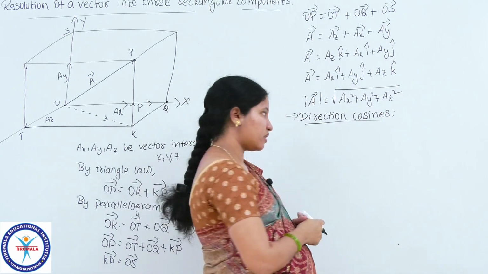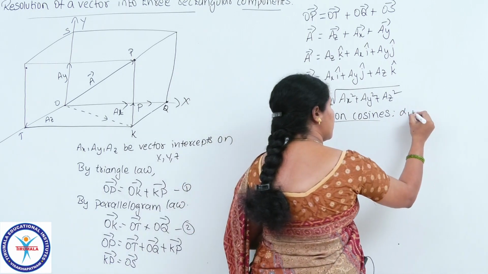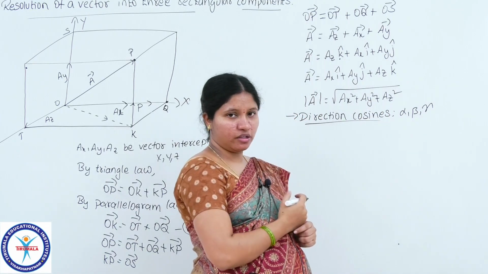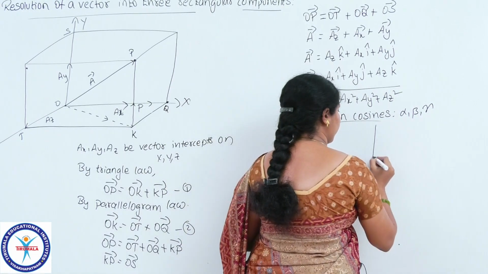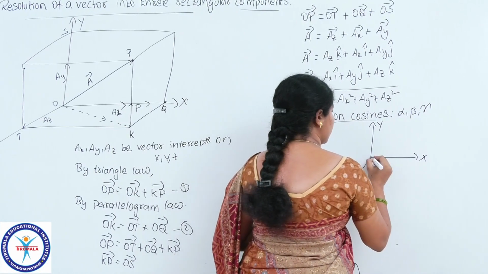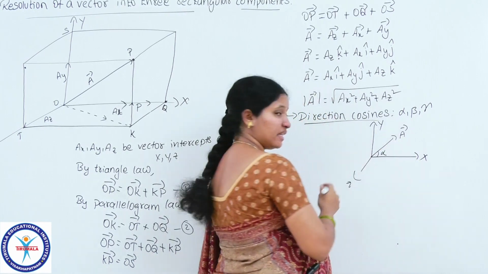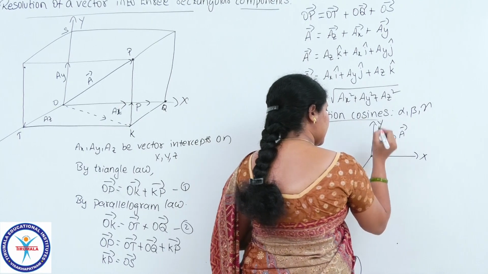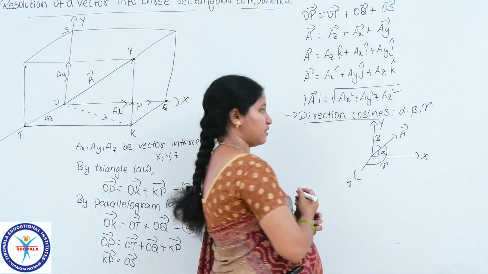So direction cosines means, let alpha, beta and gamma be the angles made by a vector with the 3 axes x, y and z. Let A bar be a vector making angle alpha with the x axis, angle beta with the y axis and angle gamma with the z axis.